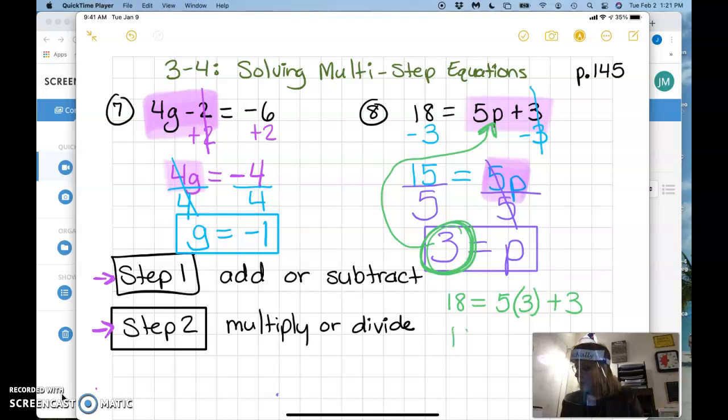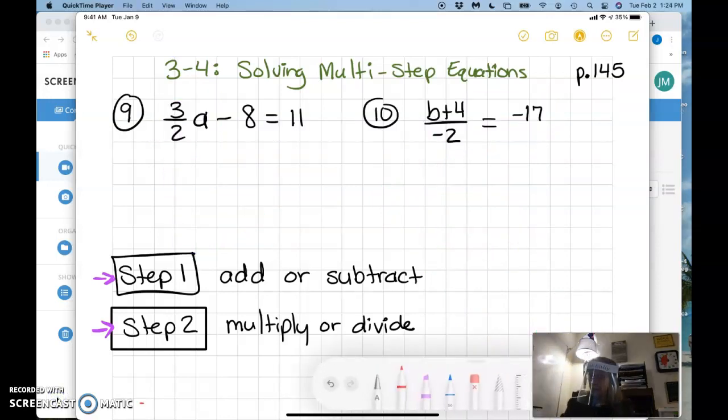So 18 is just going to stay 18, keep bringing it down. And 5 times 3 is 15 plus 3. And what's 15 plus 3? 18. Does 18 equal 18? Yay, then we did it right. Okay? All right. Number 9.